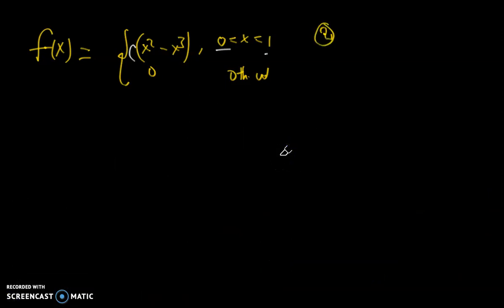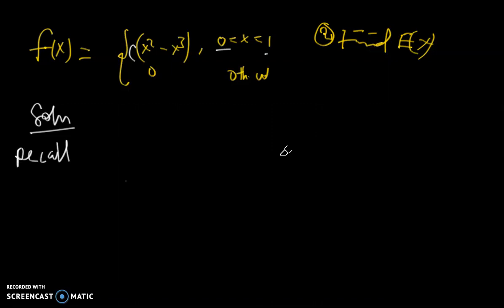To do this, we simply need to recall that the expected value of x is given by the integral from negative infinity up to positive infinity of x times f of x dx.